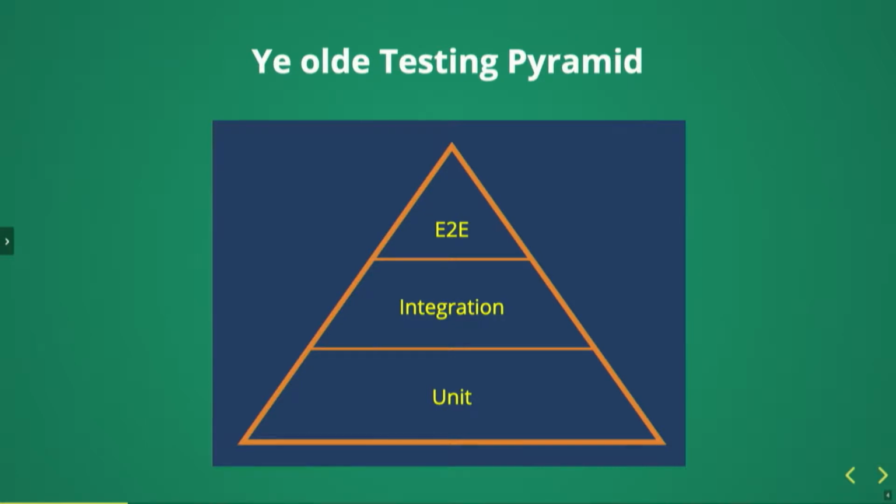So we have the unit test at the bottom, which is a test that focuses on testing only logic. So it mocks everything else around it. And then we have our integration test, which is 2 or more UI components or services that talk to each other and testing that relationship between the objects. Last but not least, we have our E2E, or end-to-end test.